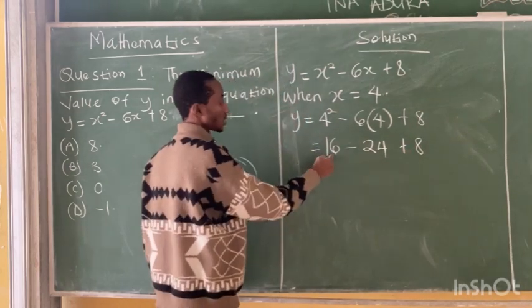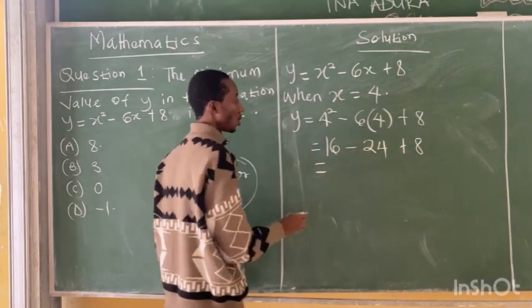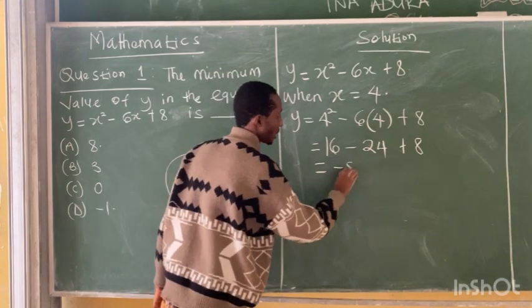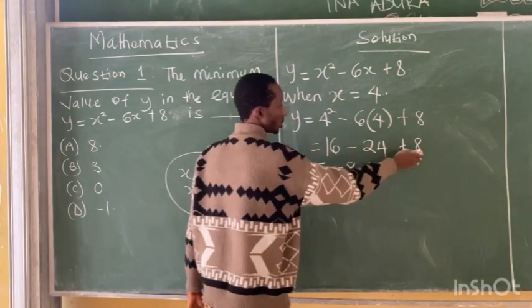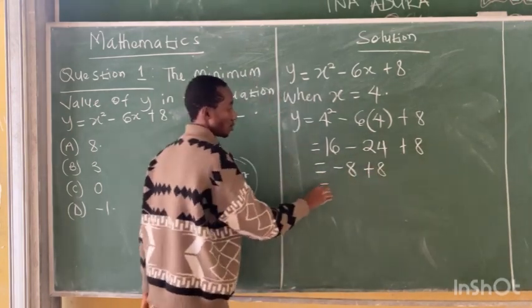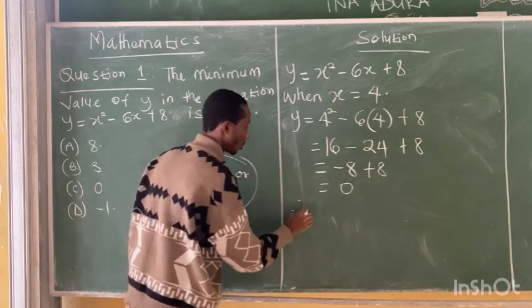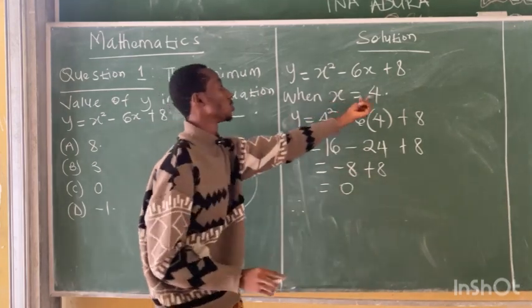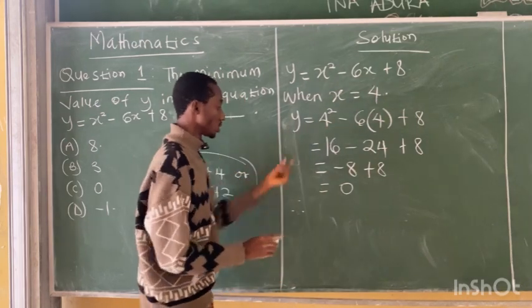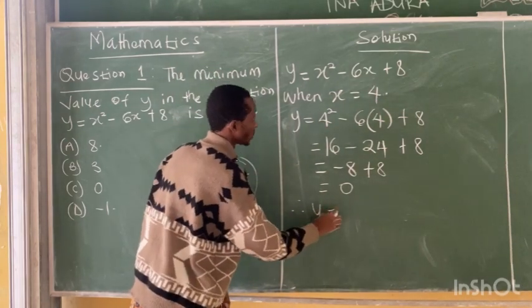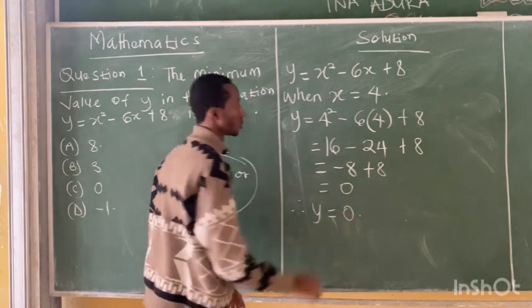This is the same as 16 minus 24, which is minus 8, plus this 8. Minus 8 plus 8 is equal to what? 0. Therefore, when x is equal to 4, y is equal to 0.